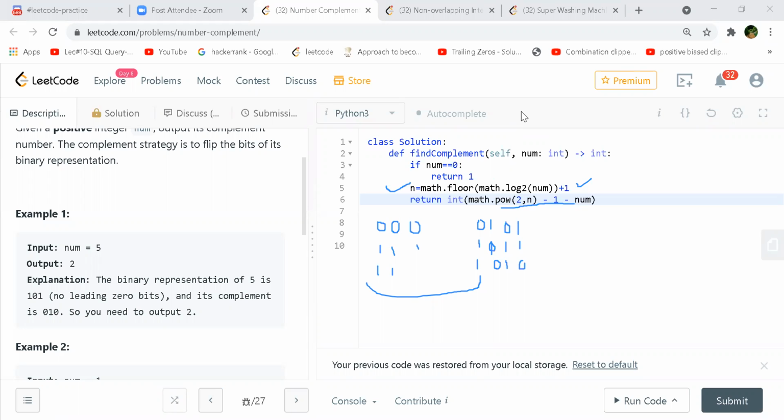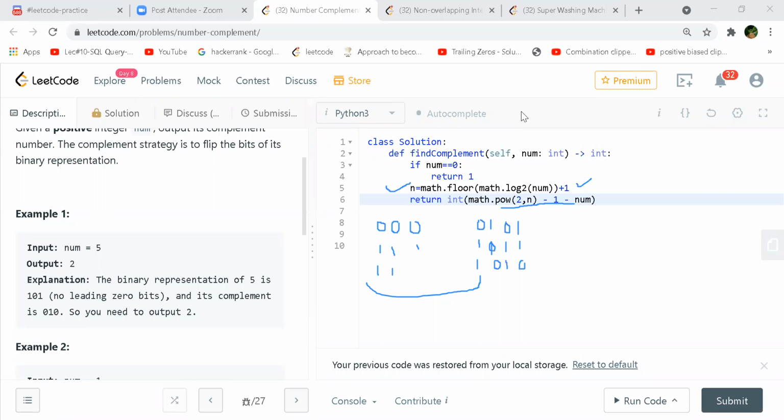Because I think that 2 power n minus 1 will just be 7. So 0 0 0 0 1 1 1. And if we XOR it with 0 0 0 1 0 1, we will get 0 1 0.